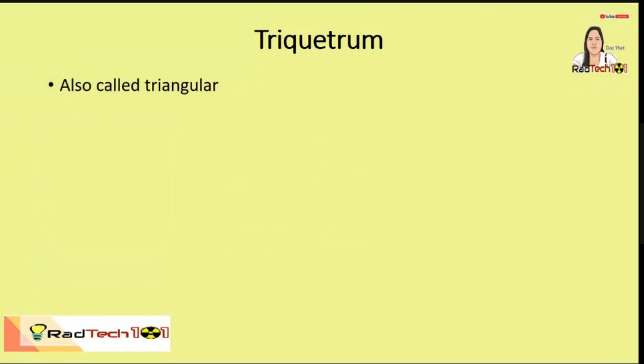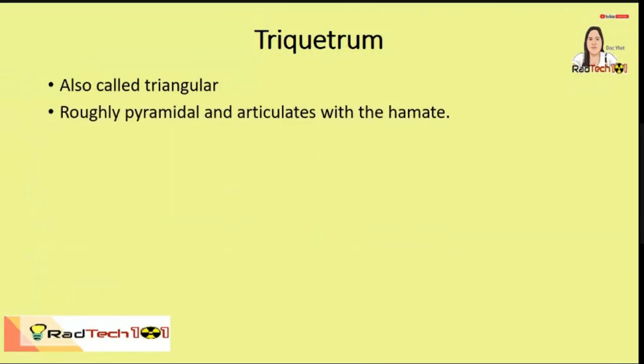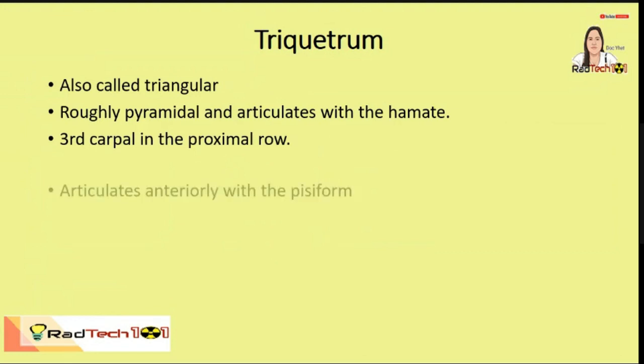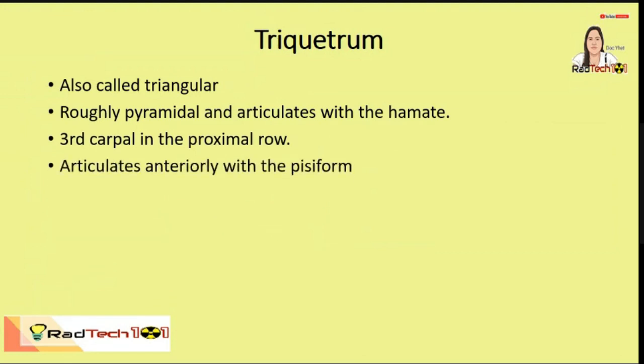So, next is the triquetrum, also called triangular carpal bone. It is roughly pyramidal and articulates with the hamate. So, it is attached to the hamate. And it is the third carpal bone in the proximal row. So, it is attached to the pisiform anteriorly.